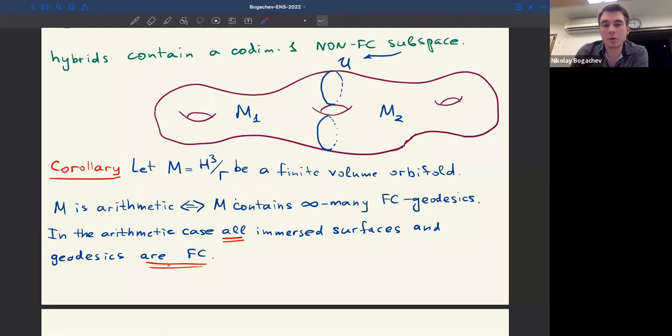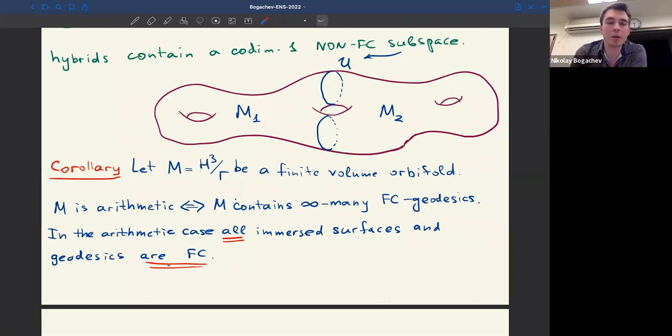And in fact, I think that in the early 90s, Alan Reid proved that if a hyperbolic 3-manifold is arithmetic, and if it contains one surface, then it contains infinitely many of them. So it is very natural to ask if the opposite is true. If you have infinitely many surfaces or geodesics, then is your manifold arithmetic or not?